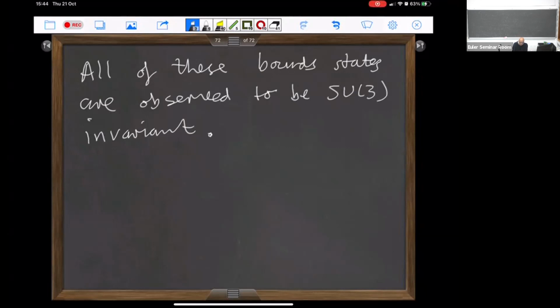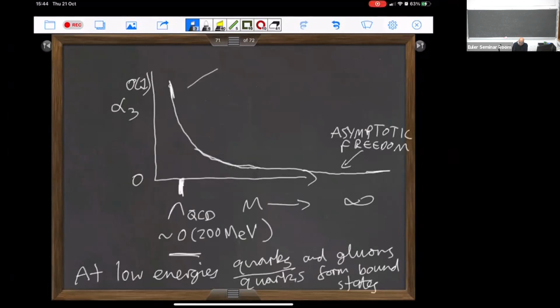One can also overcome these difficulties of not being able to do traditional quantum field theory calculations in this strong coupling regime by doing computer calculations, which is called lattice. This is the subject called lattice gauge theory.